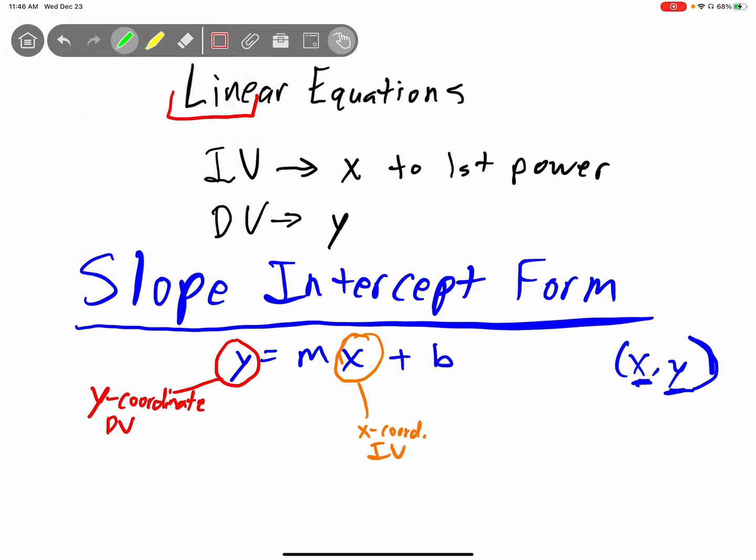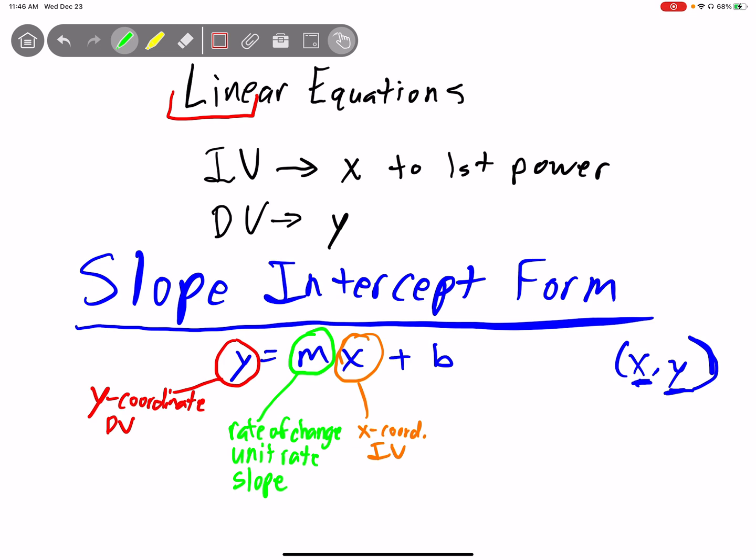Now what about m? We've dealt with m, and it takes on a few different terms. One of which is the rate of change. It's also been known as the unit rate, and it can also be called the slope.